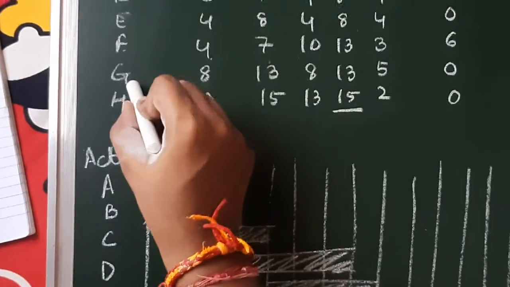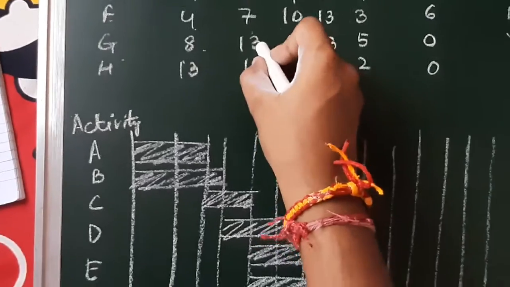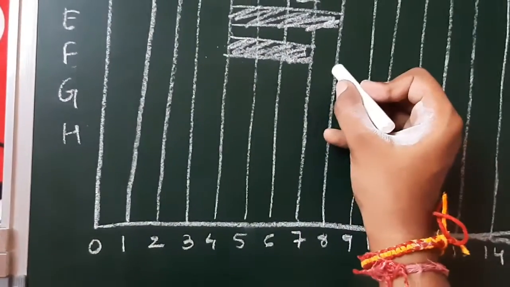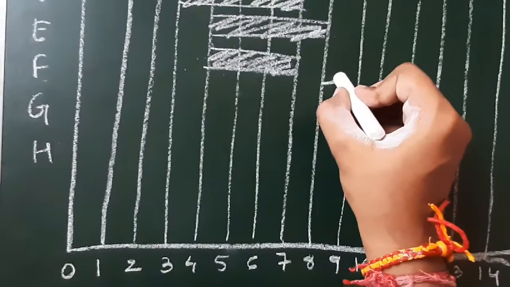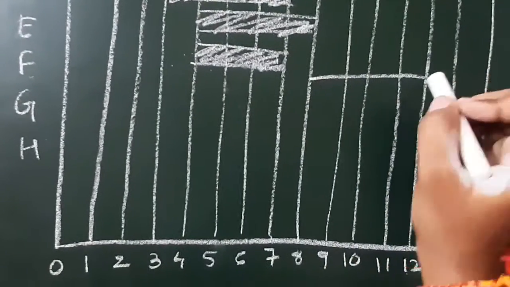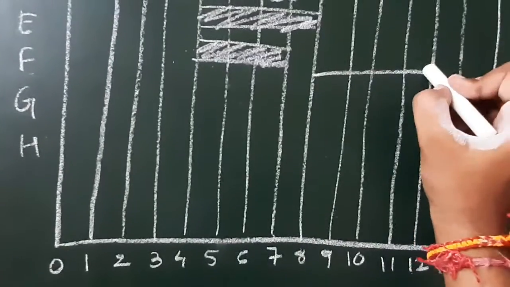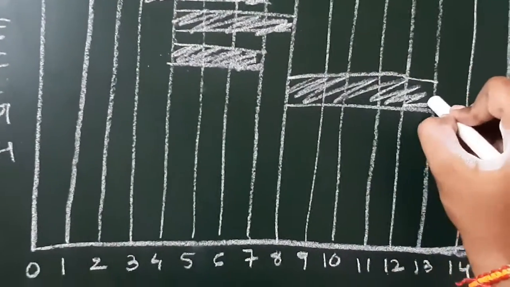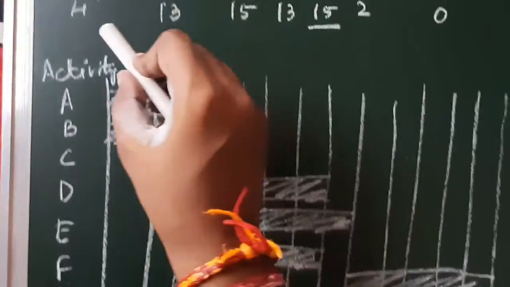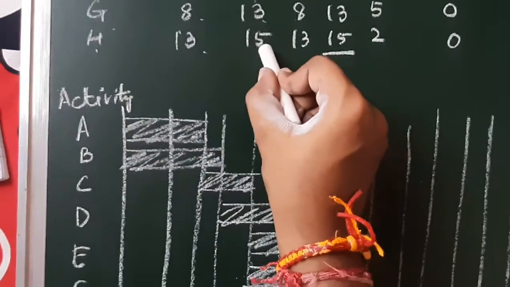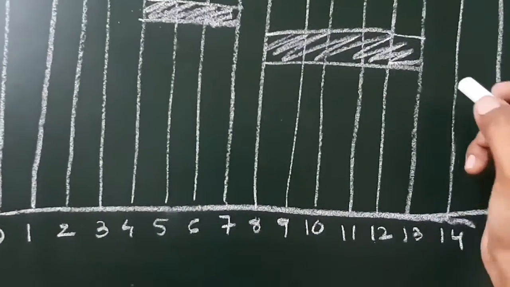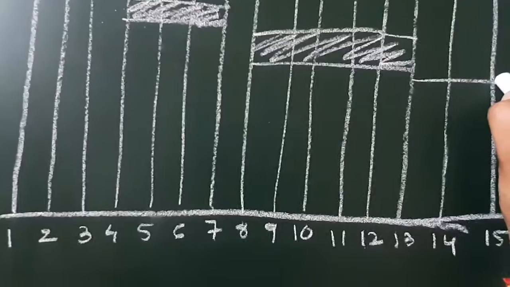Now for our G, it is 8 to 13. Then for our H, it is 13 to 15. So for our H, we will draw from 13 to 15.